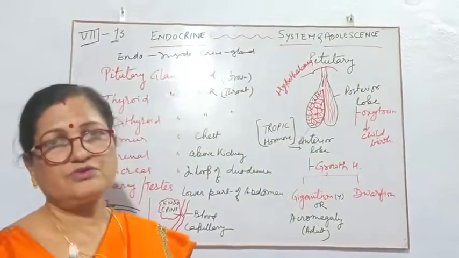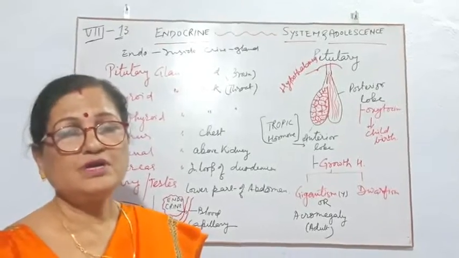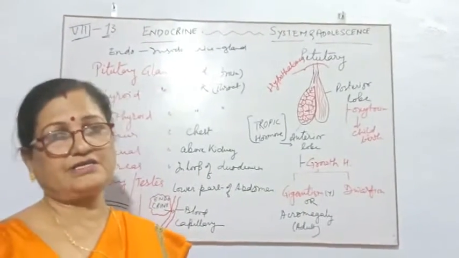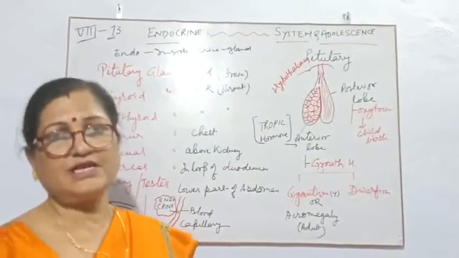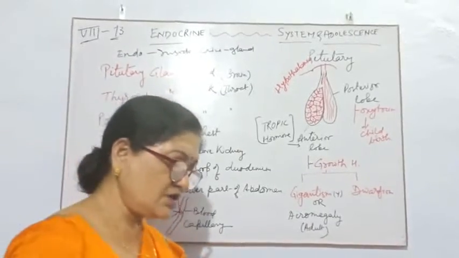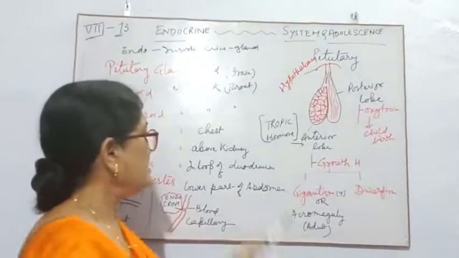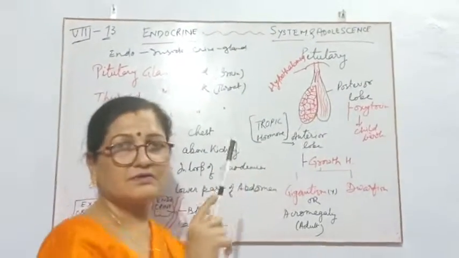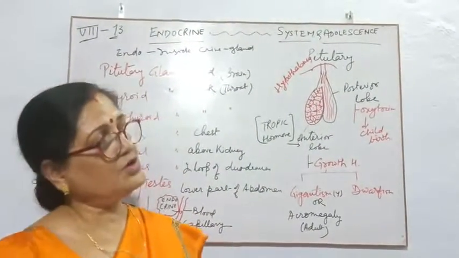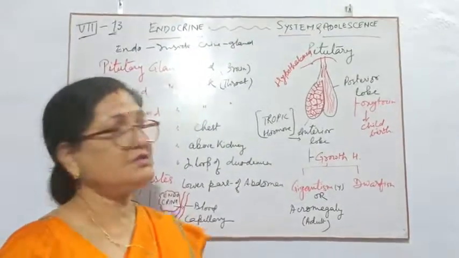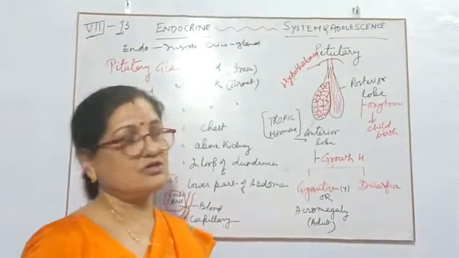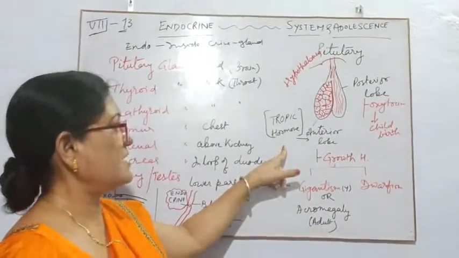Do you know, children, tropic means to increase or to decrease. That means they are stimulating. If your body is not doing proper function and needs more of it, then they will do the function. And if your body already has enough, they will stop their secretion. So these are known as tropic hormones.